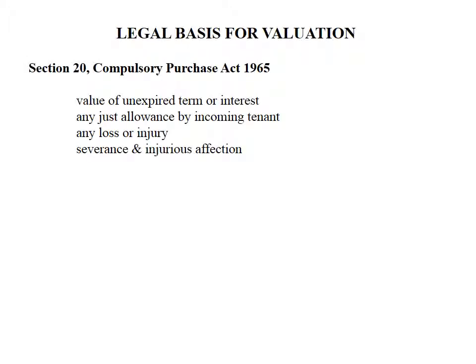The first is the Compulsory Purchase Act, and Section 20 of the 1965 Compulsory Purchase Act tells us that an annual tenancy, of the sort that is enjoyed by many traditional farm tenants, is entitled to compensation for the value of the unexpired term or interest in the tenancy, in other words how much longer the tenant might be expected to be there, any just allowance which might be made by an incoming tenant to an outgoing tenant, so that might be areas like tenants' improvements and so on, any other losses or injuries, the loss of grown crops in the ground, and areas like that will be covered here, and finally severance and injurious affection. More of that a little later.